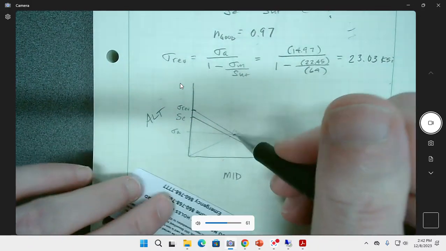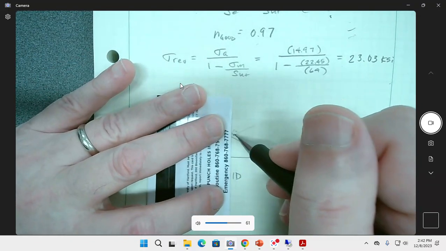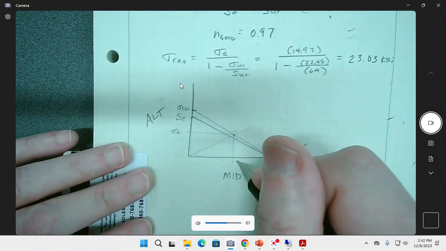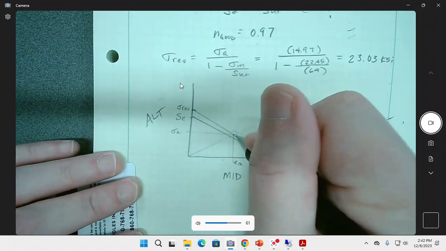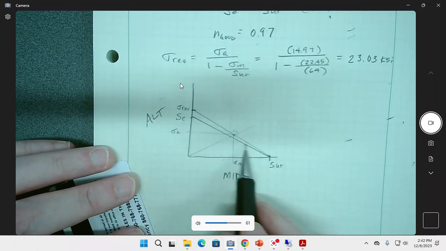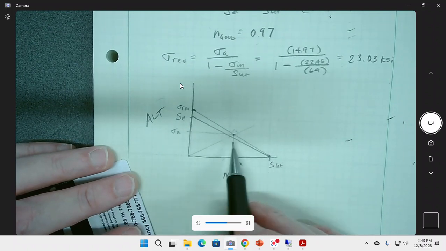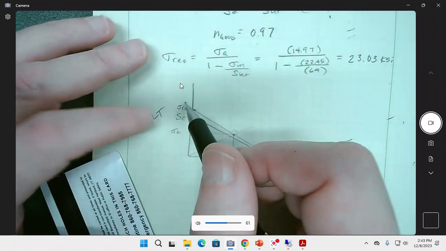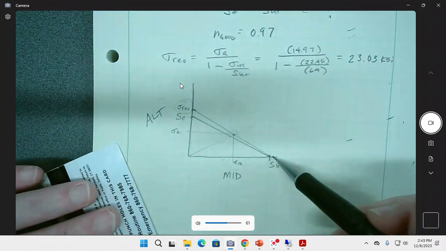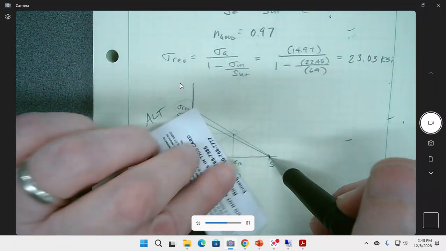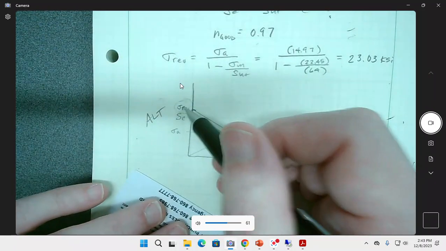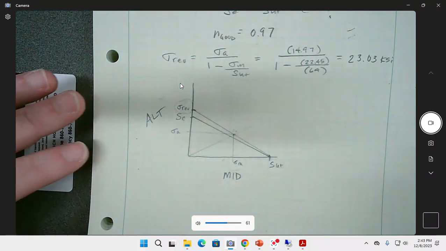I think mid-range is better. So here's the point that we plotted for our stress condition. This was Goodman's line, and we're outside the safe envelope. So how do we find an equivalent alternating? Let's take here and project it right through that and find where we would go.